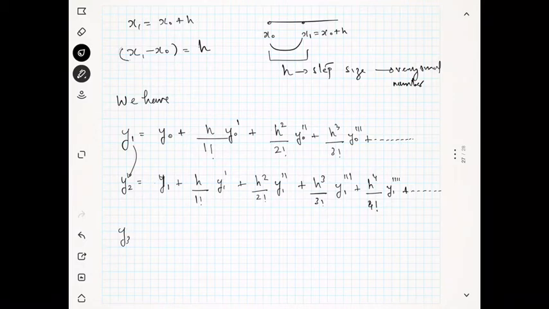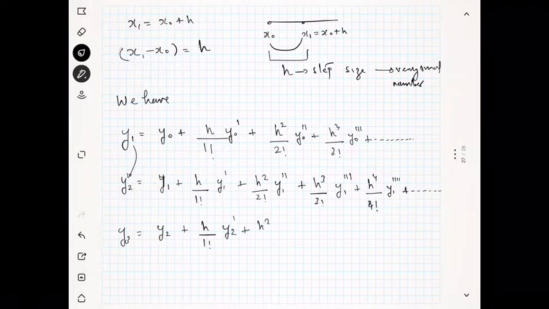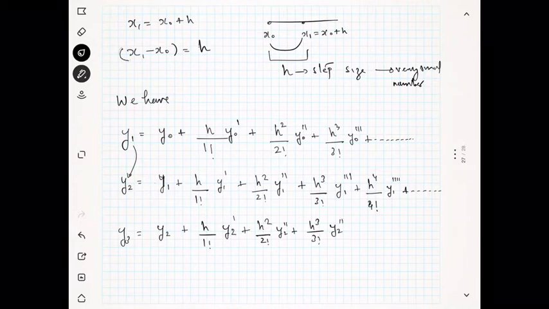Similarly you can write y3 in terms of y2. It is y3 equal to y2 plus h by 1 factorial into y2 dash plus h square by 2 factorial into y2 double dash plus h cube by 3 factorial into y2 triple dash, and so on.